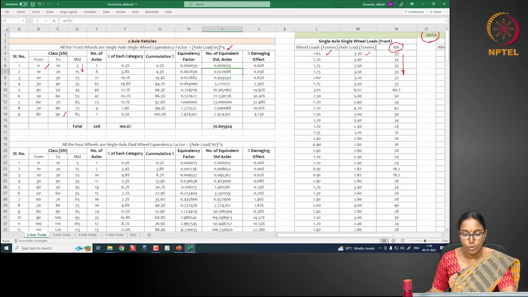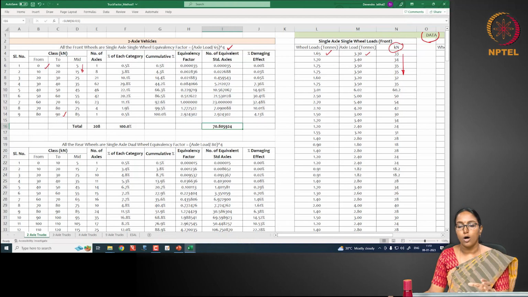Likewise, for each load group you have the equivalency factor and the frequency, or the number of axles, in that load group. You multiply to get the total equivalent standard axles. You add all of them together, and you will get the equivalent standard axles formed from all the front axles of these 208 vehicles that you have surveyed.